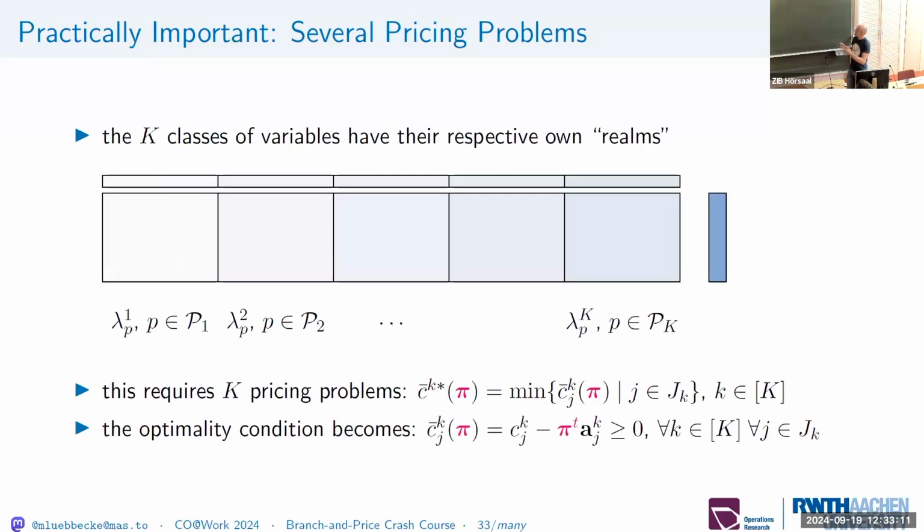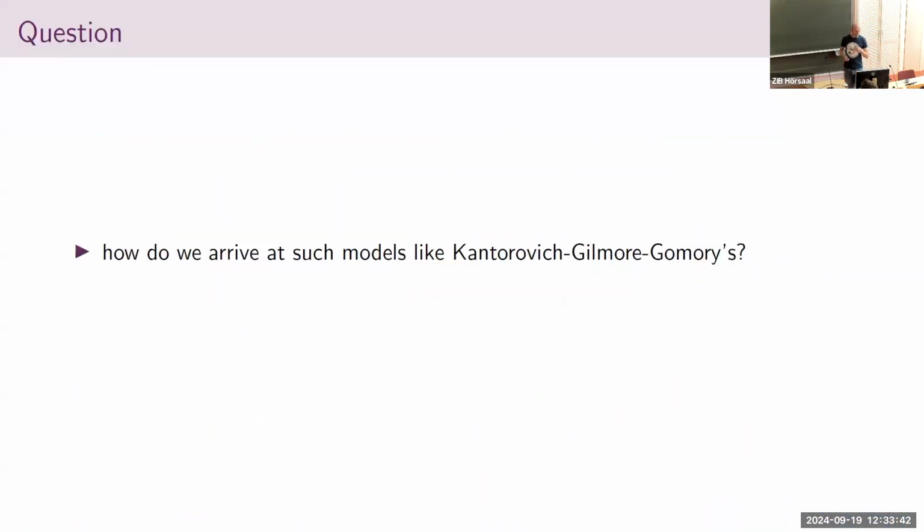So pictorially, it looks like you have different kinds of variables, maybe belonging to different capacities of your containers. And that means you also have different pricing problems, generating variables for all of these specific roles, right? And optimality is when all these pricing problems report, I do not find any variable, just to have that in mind.